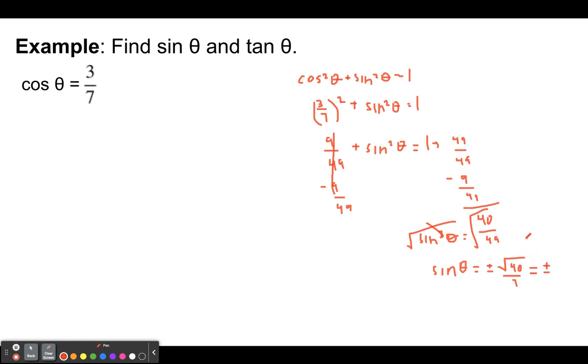So 40, remember that is 4 times 10, with 4 being a perfect square. And if we take the square root of 4, that's going to give us 2. And then we still have the square root of 10 left over 7. So sine of theta is equal to 2 square root 10 over 7.